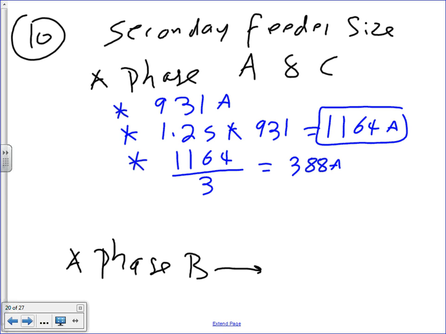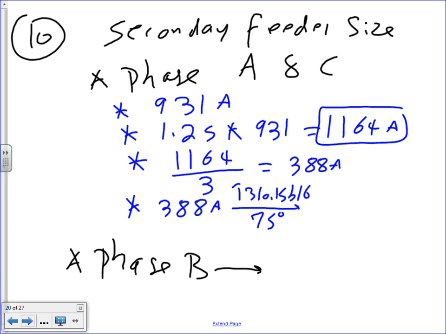Okay, 388 amps. Now I'm going to take the 388 amps to table 310.15(B)(16) under the 75 degree column. What would that give me? 600.